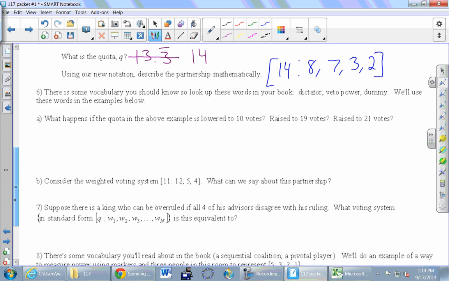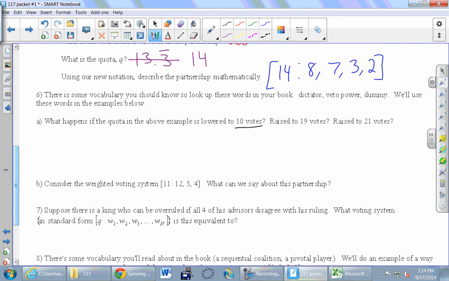All right, so let's look at the idea behind the 10 votes number. Remember, if you have the quota, then that's enough to pass the motion, and it's also enough to squash the motion. So suppose that player 1 and player 4 say, yes, whatever this motion is, it's fantastic. We should totally do it. How many votes do they have combined? 10.